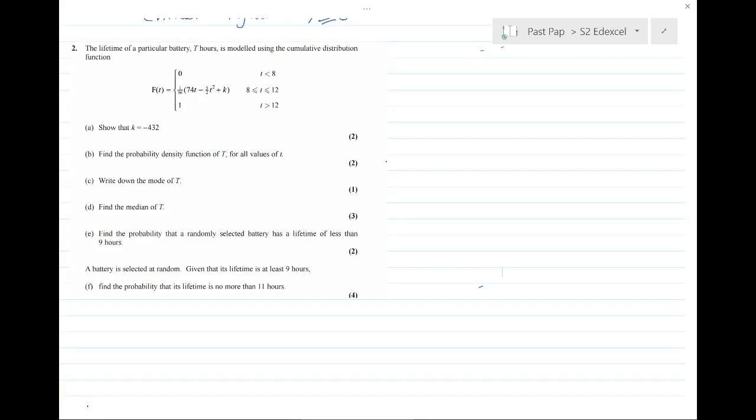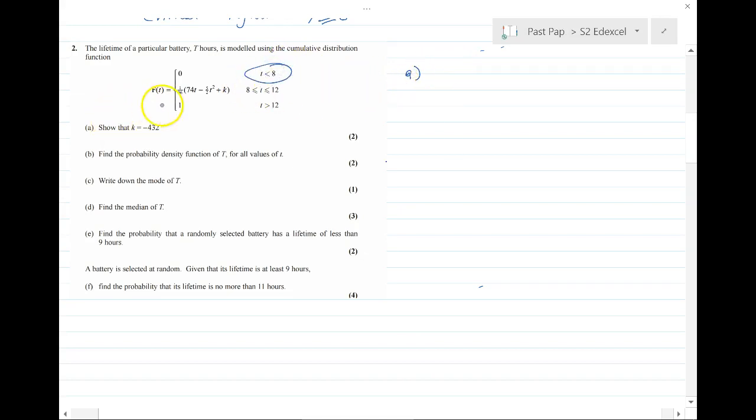Now, question 2 is a continuous random variable question. It gives us the CDF, capital F, and the first thing it's doing is saying show that k is equal to minus 432. In this case, I would probably use the fact that F(8), because the number can't be less than 8.